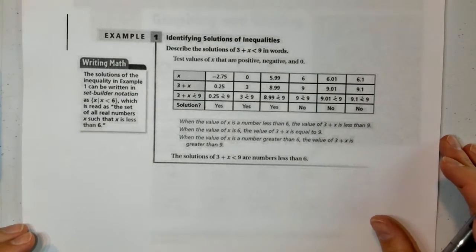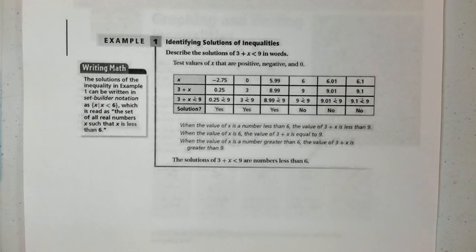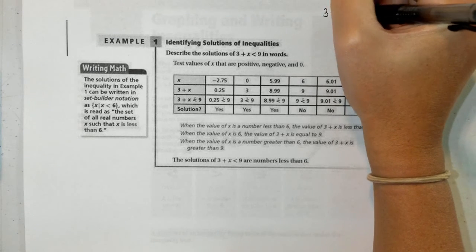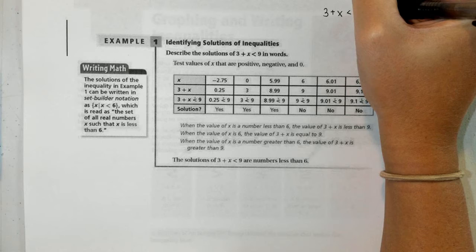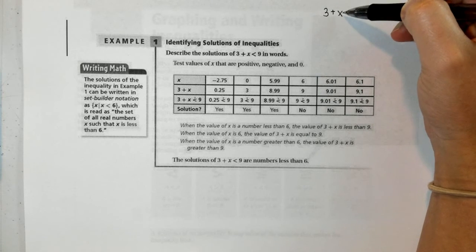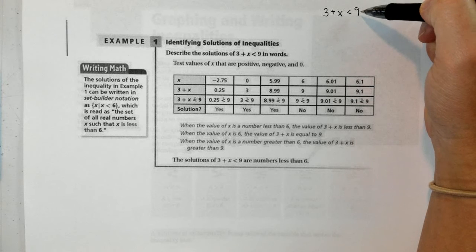So, first, example 1 says describe the solutions of 3 plus x is less than 9 in words. Here we have the inequality 3 plus x is less than 9. So that means any value for x plus 3 is less than 9.